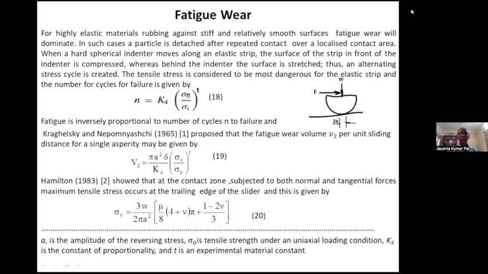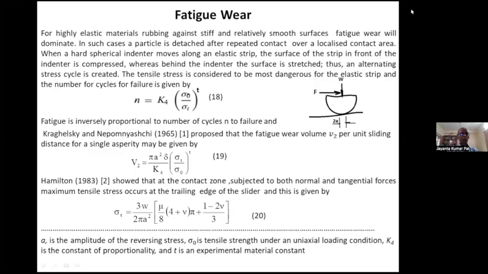Thus, an alternating stress cycle is created. Here, we must remember that the tensile stress is the most dangerous and damaging for the rubbing materials, and therefore we should try to avoid it.